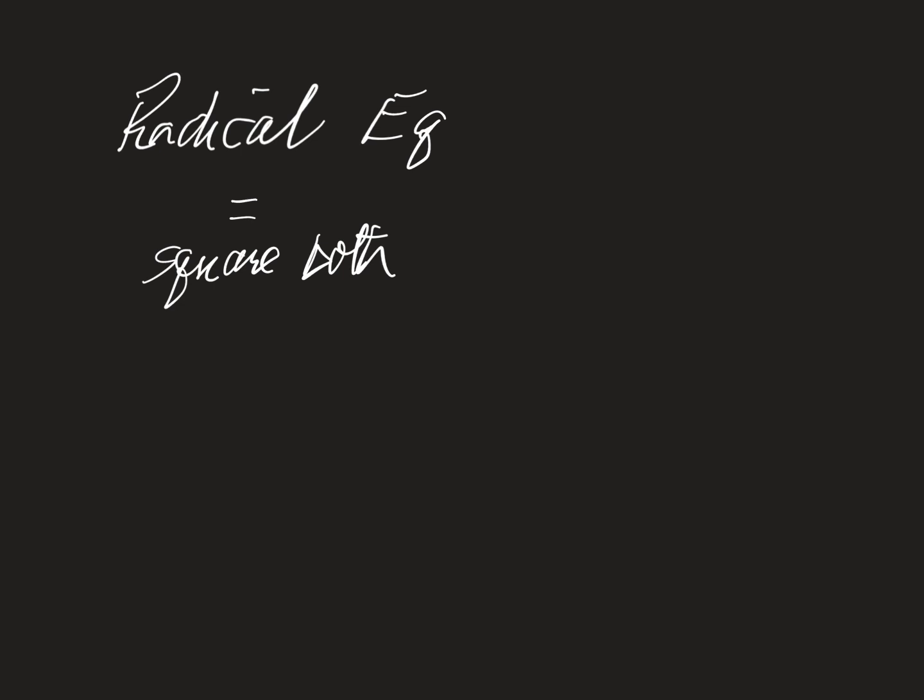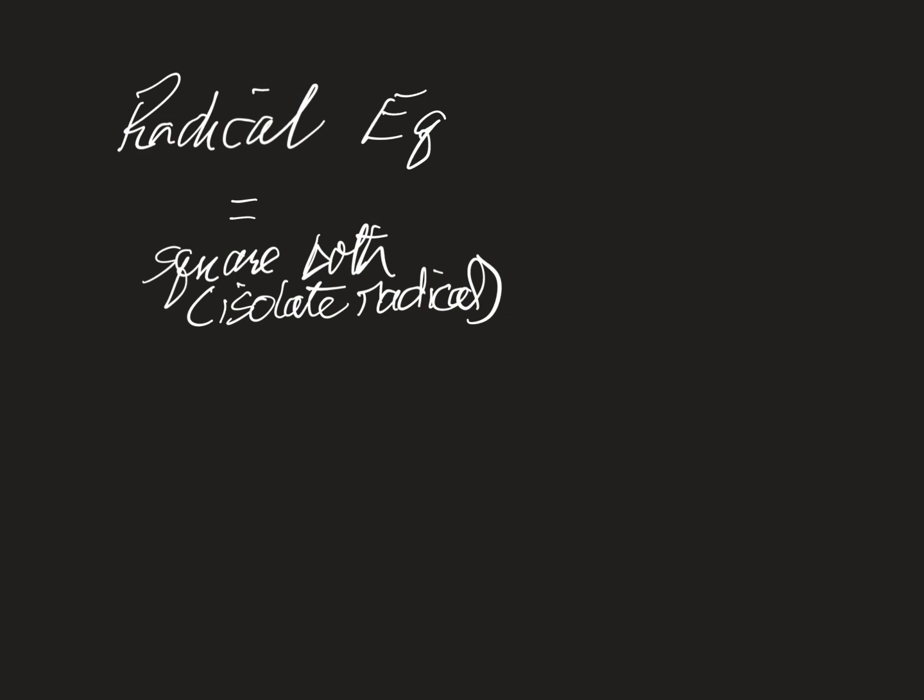But before you do that, you must isolate a radical, especially if there are two in the equation. So you isolate one, and then you square both sides. And if you still have a radical, then you do it again, until all the radicals are gone. So that's how you do the equation.